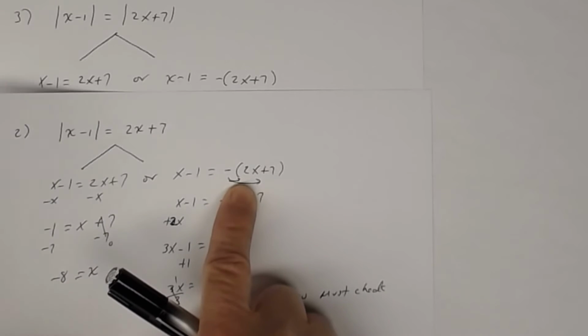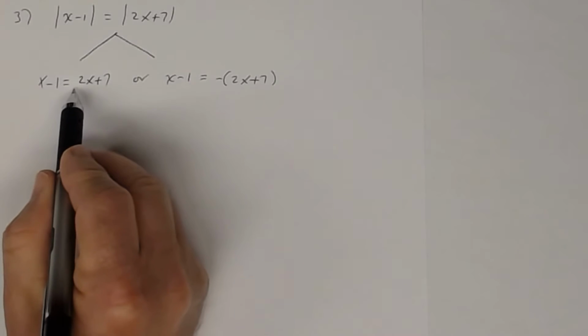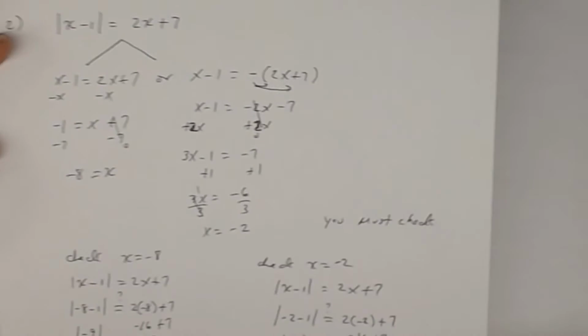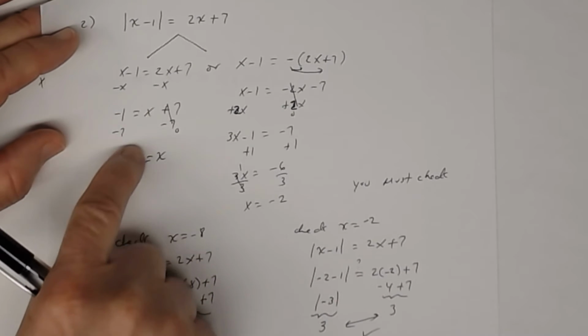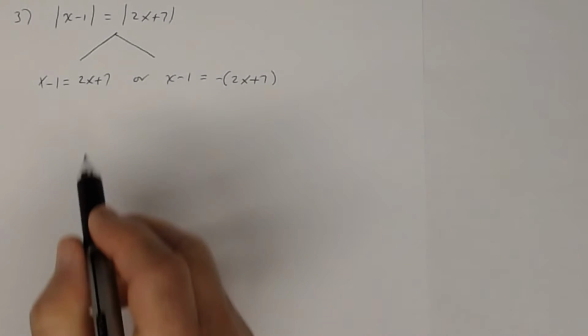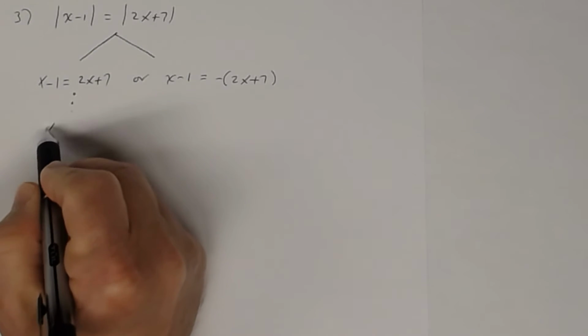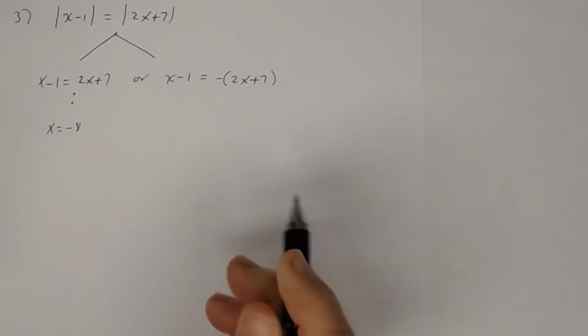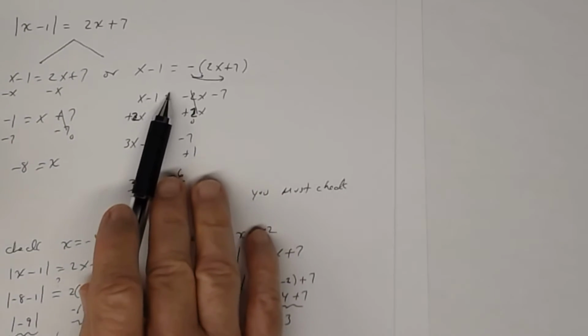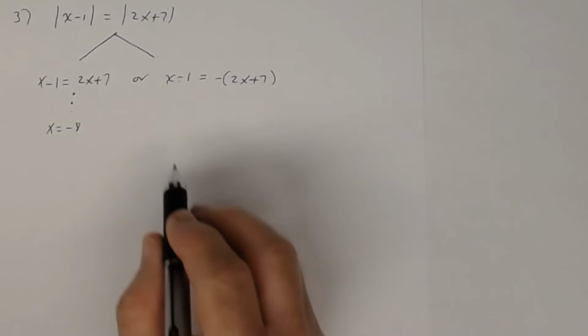So notice when I solve this linear equation, I'm not going to go ahead and do it again because we already did it before. I got x to be negative 8, right? So notice the process. You got x to equal negative 8. And over here, when I solved this equation, I ended up with x equal negative 2.